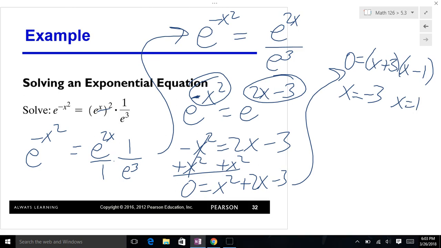You go ahead and you plug those both in to see which one of those, or if both of those work. You plug them back in. Negative 3 squared is 9, so you got e to the negative 9. Plug it in over here, you got e to the negative 3 times 2, so negative 6. E to the negative 6 over e to the third, negative 6 minus 3, e to the negative 9, so that'll work. Plug the 1 in. Similarly, that one's going to work as well in this case.